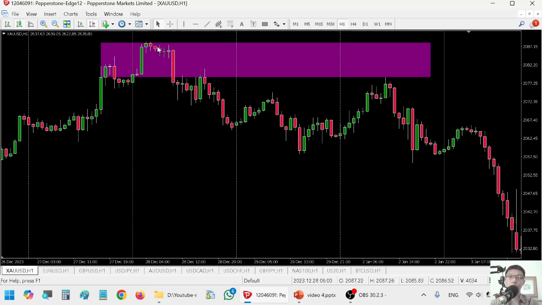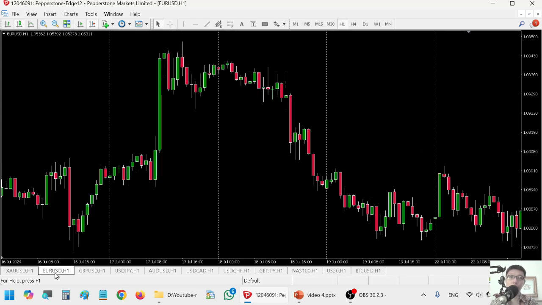So this is one push and two push, and price starts to go down, and buyers try to push the price to the upside. Right here, after touching near this resistance area, there is a big bearish candle. So this is one push and price goes down.